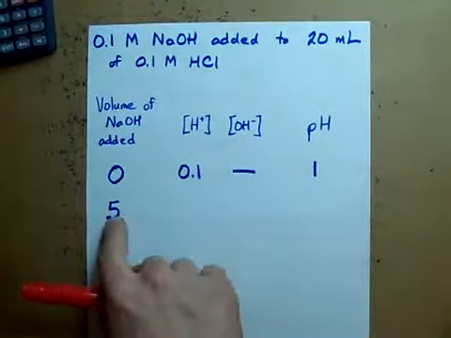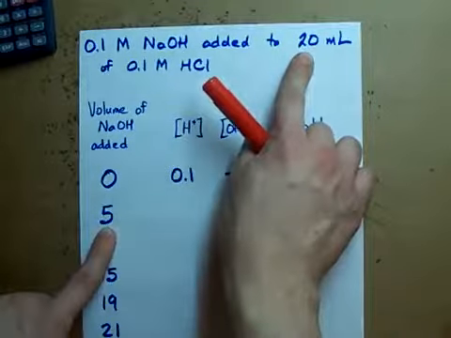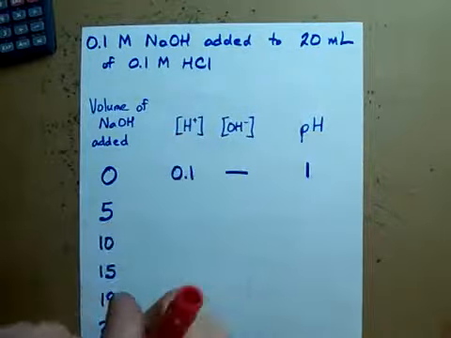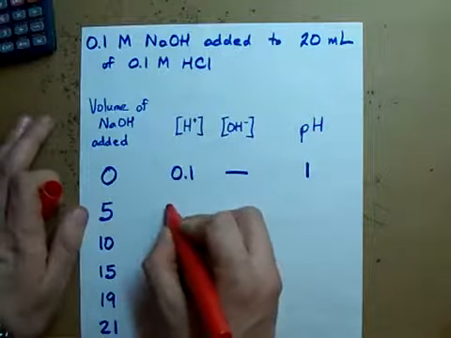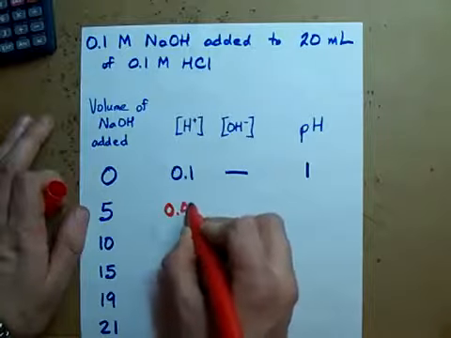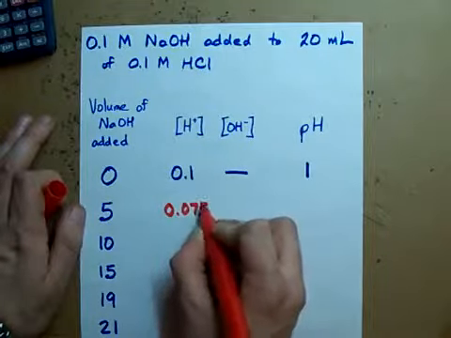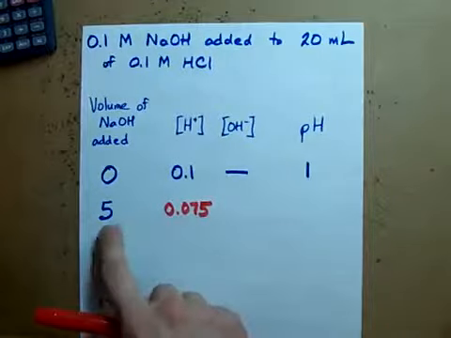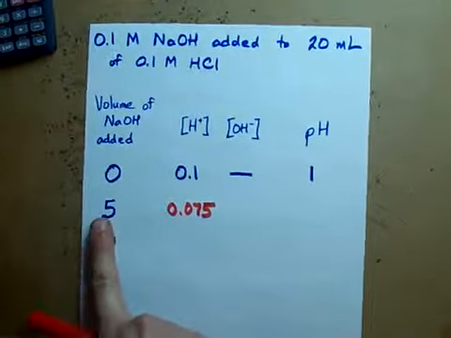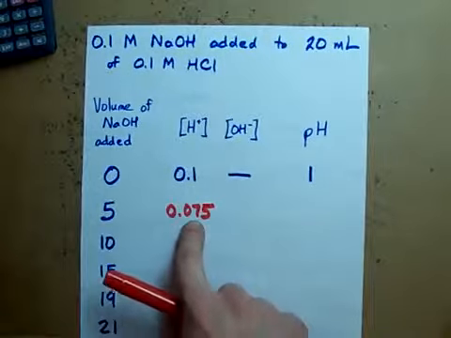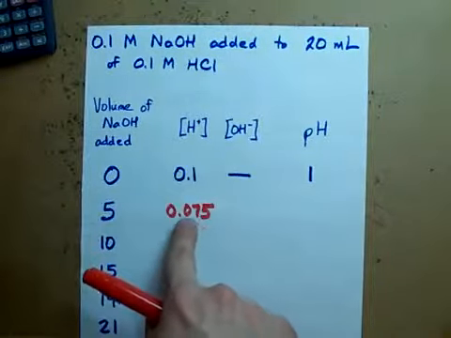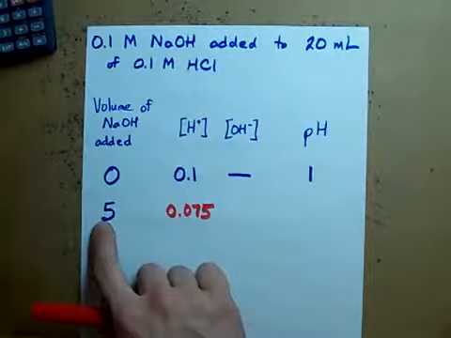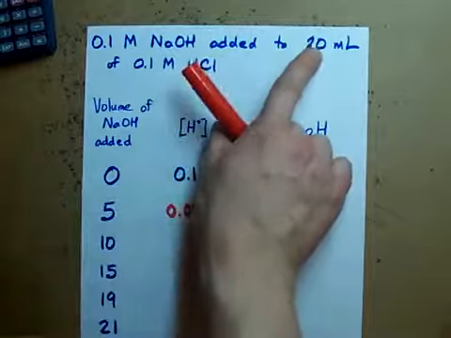Well, I've titrated away 1/4 of my acid, which means the concentration of acid that I have is approximately 3/4 of what it was. Now, I'm not accounting for the fact that the volume is actually diluted here. I'm just going to assume that the NaOH itself titrated away 1/4 of the acid because we added 5 milliliters to 20 milliliters.